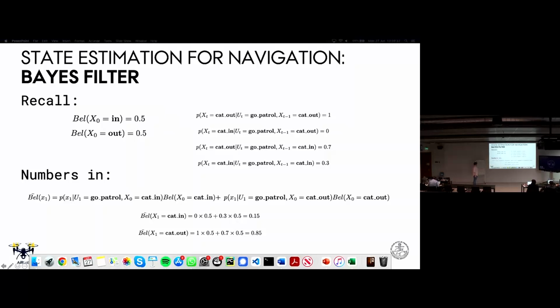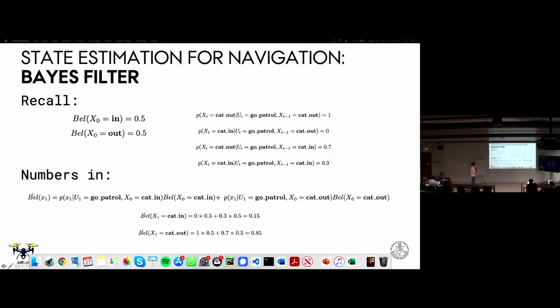So the probability of a cat being outside and the probability of a cat being inside is 0.15 and 0.85, and this is your update step. The prediction step specifies the prior for the next step that we're going to do.